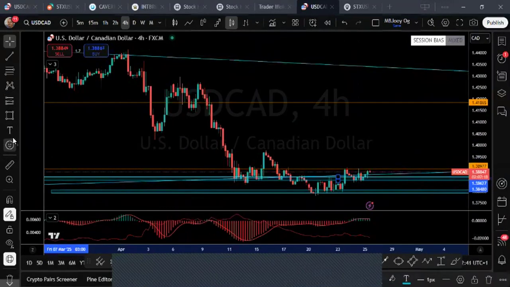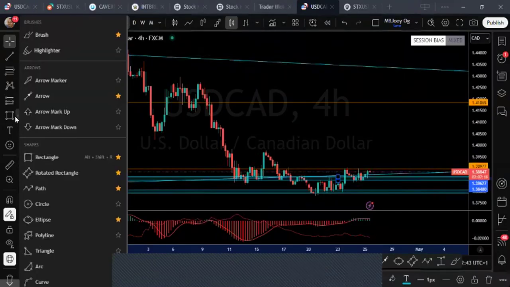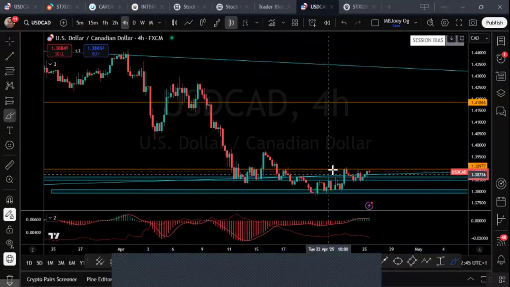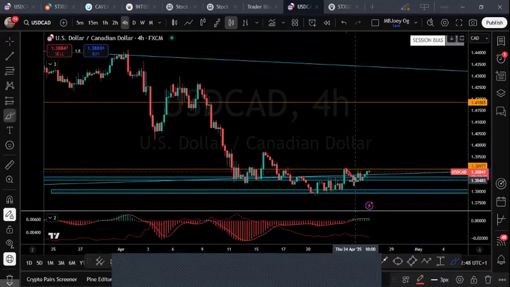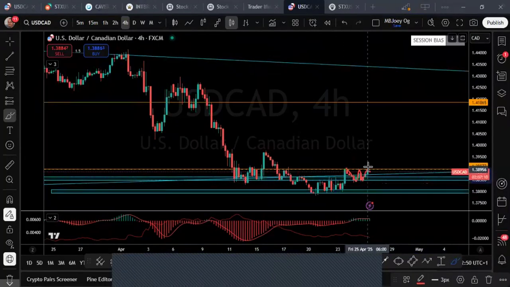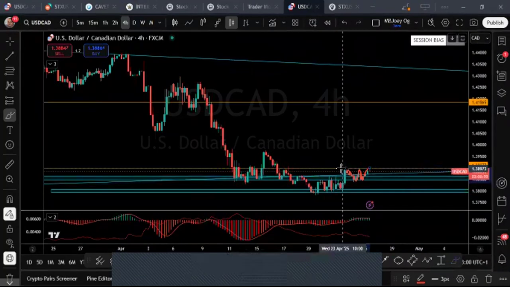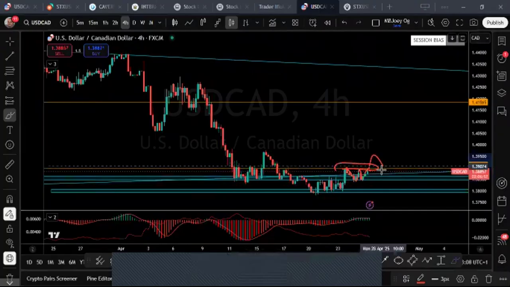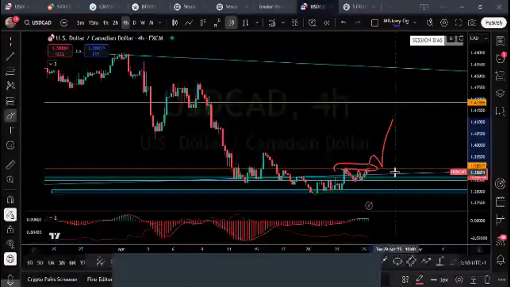You can see it already, yes? Can you see it? Yes, I can see it. It's forming like a W. If it forms that W and breaks above this W, then we have a move upward, right?